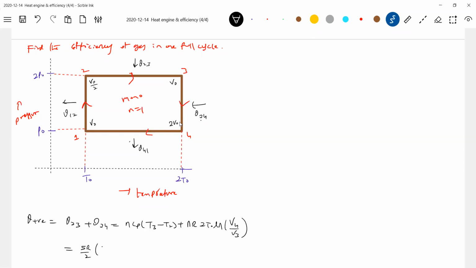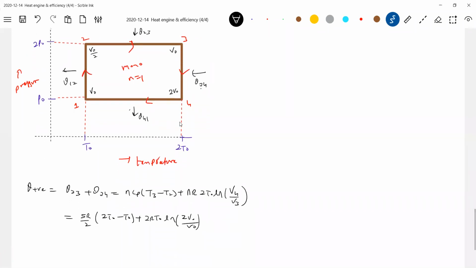T3 temperature T naught minus T naught, plus 2R T naught log of V4 by V3. So 2V naught by V naught. So directly we are going to get 5R T naught by 2, plus 2R T naught log 2. Okay, this is Q positive.